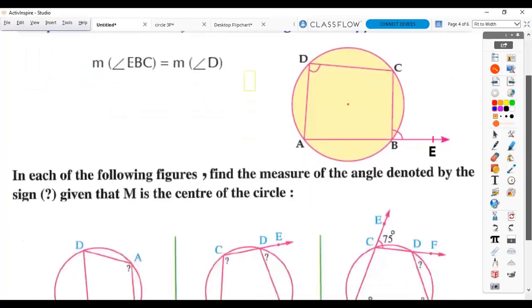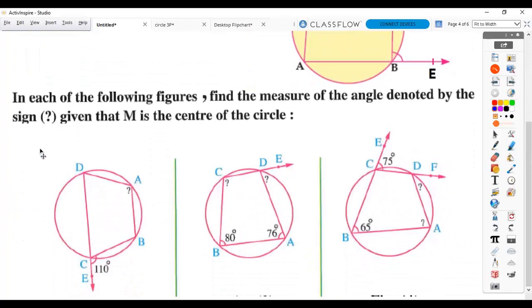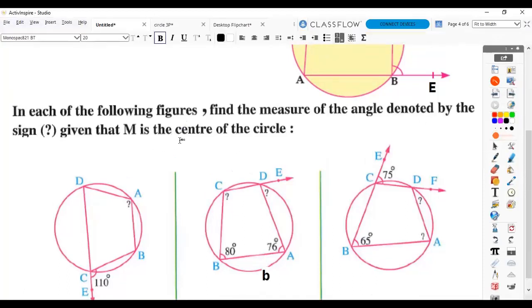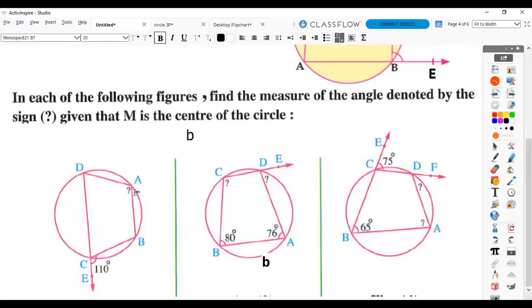And let's use it to solve these problems together. Here, we have to find the question marks. Here we have 110, an exterior angle of the cyclic quad at the vertex C, so it is equal to the interior opposite of this vertex.